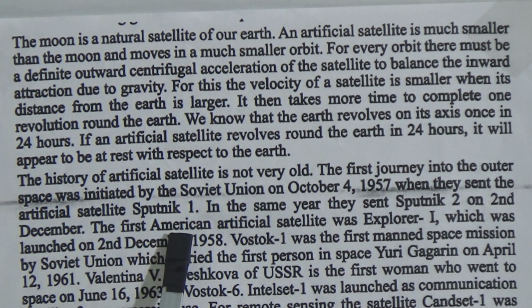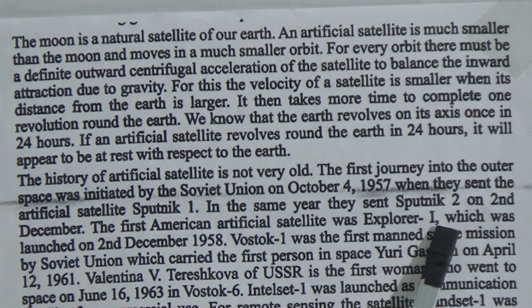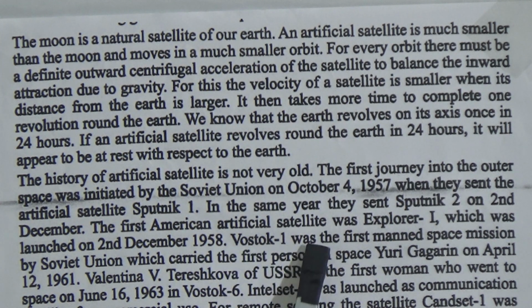The first American artificial satellite was Explorer 1, which was launched on 22nd December 1958. Then there is Vostok 1.